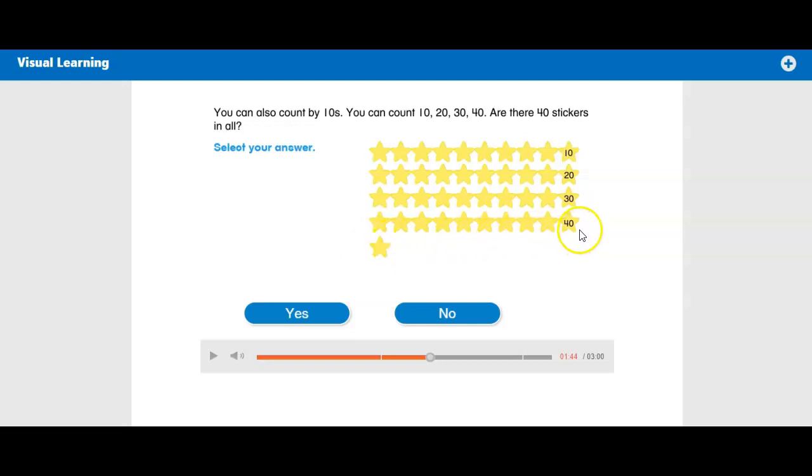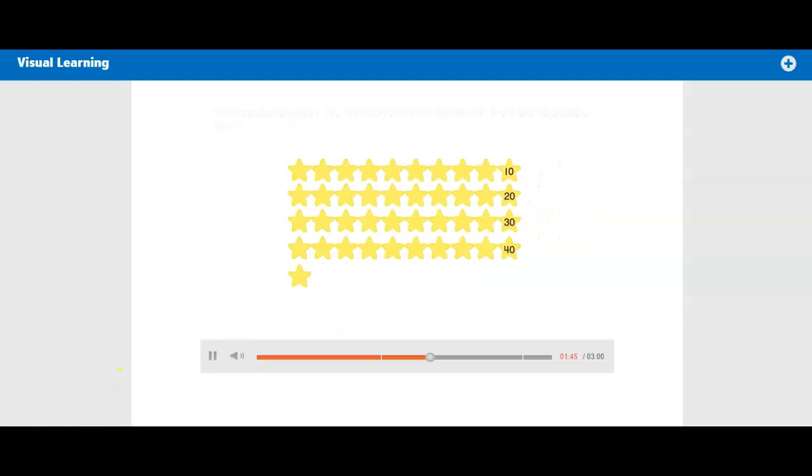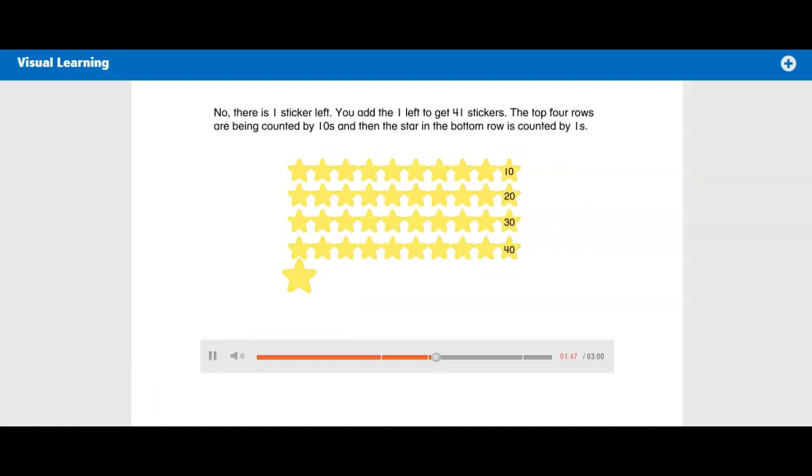There are 41. So there are not 40 stickers in all. No, there is one sticker left. You add the one left to get 41 stickers.